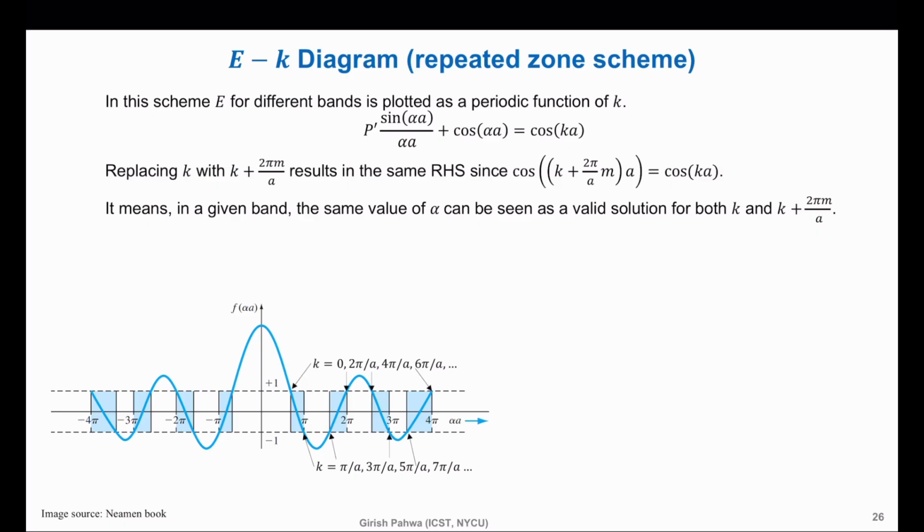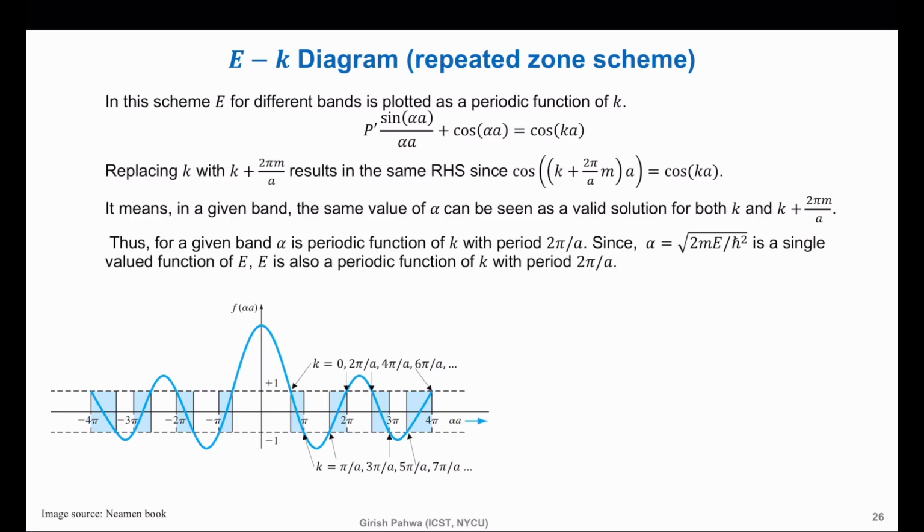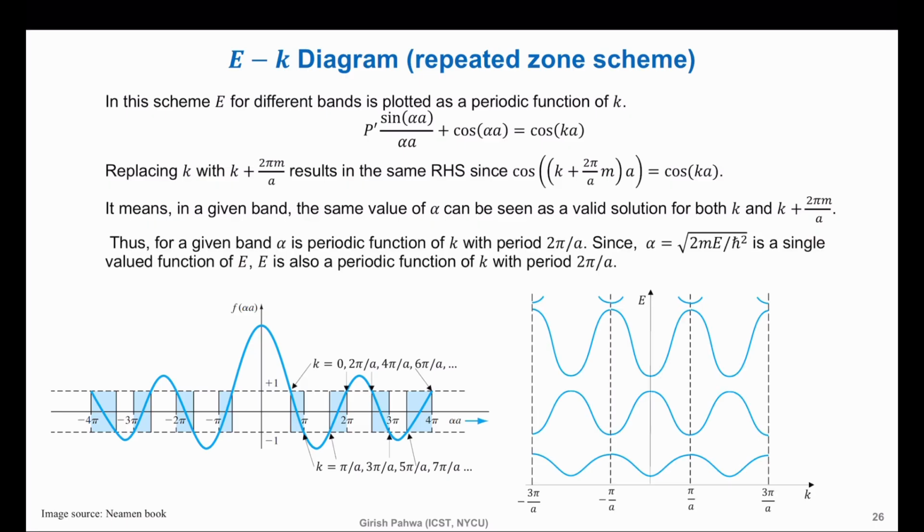So what will my EK diagram then look like? See, alpha becomes a periodic function of k, so energy will also become a periodic function of k. Correct? That's how it will look. You have one particular band, from minus pi by a to pi by a. This will be my energy. When I come from, say, here to here, my alpha is changing, my energy is changing.